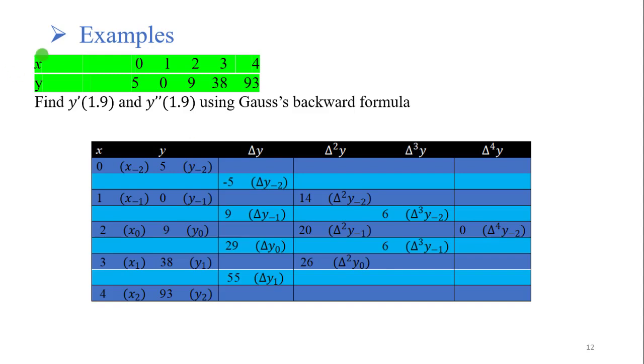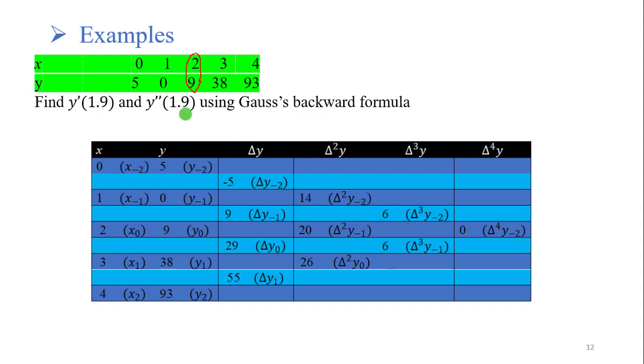Here you can see that the values of x are 0, 1, 2, 3, 4, and at the same node points the function values are 5, 0, 9, 38 and 93, and we have to find y prime at 1.9 and y double prime at 1.9.